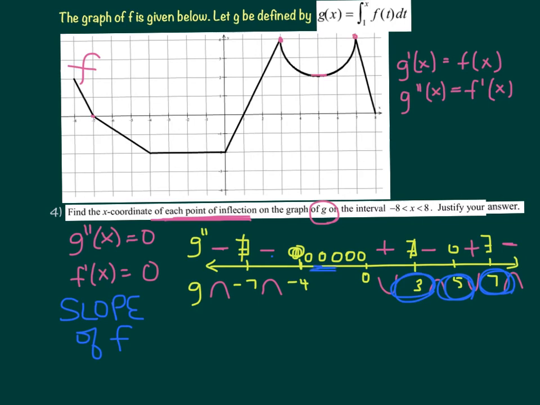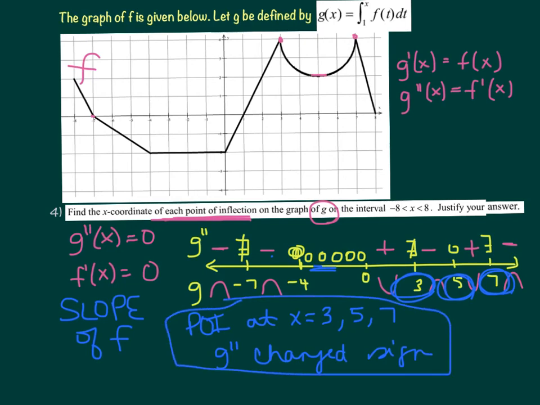So we're going to say that we change sign at x equals 3, 5, and 7. So those would be our points of inflection: points of inflection at x equals 3, 5, and 7, and that's because G double prime changed sign.